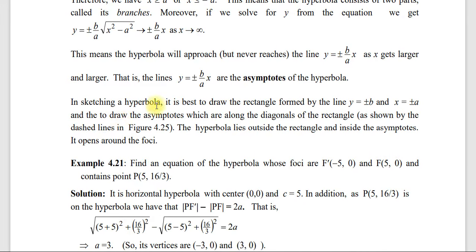In sketching hyperbola, it is best to draw the rectangle formed by the line y which is equal to plus or minus b and x which is equal to plus or minus a. And to draw the asymptote which are along the diagonal of the rectangle.